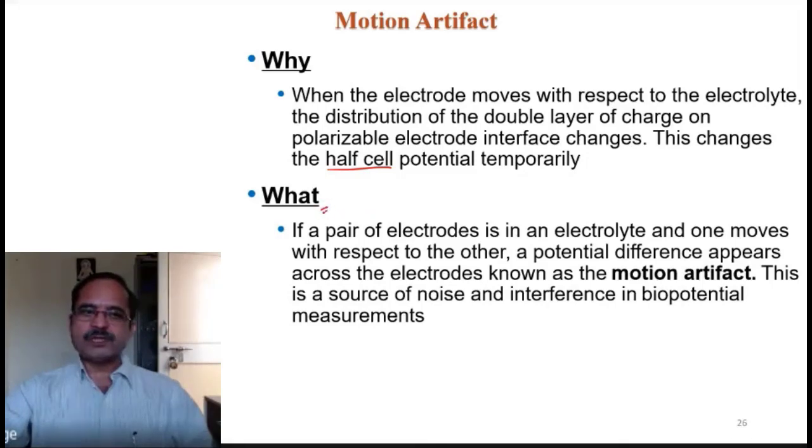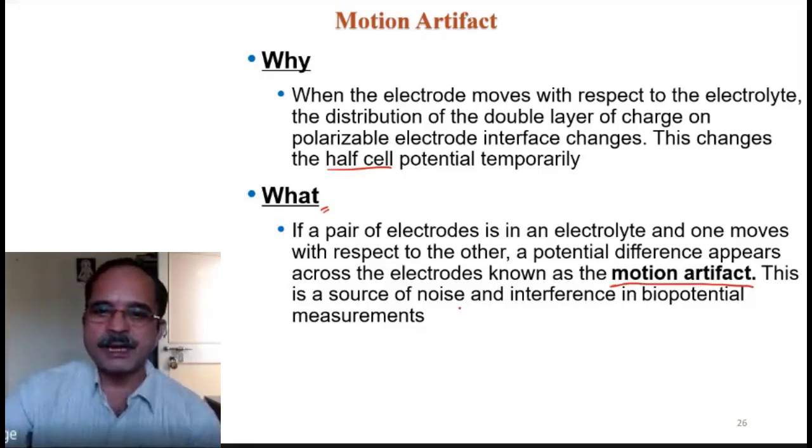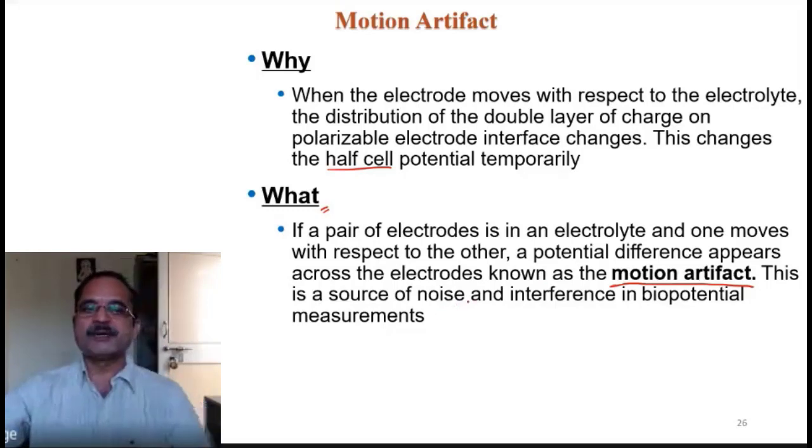Now, what exactly is this motion artifact? If a pair of electrodes is in electrolyte and one moves with respect to the other, a potential difference appears across the electrodes, and that is called motion artifact. This is a source of noise and interference in biopotential measurements.